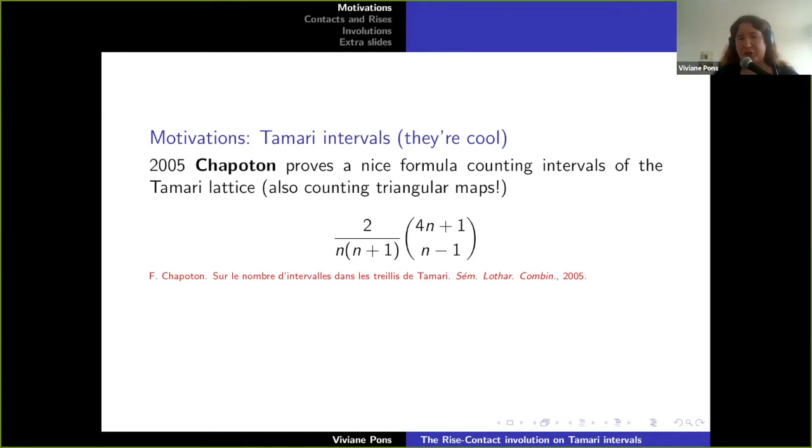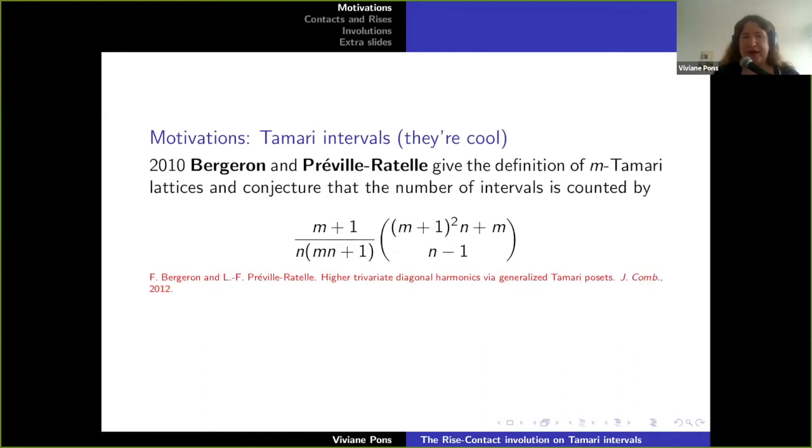Now, sometime later, Bergeron and Préville-Ratelle were studying higher trivariate diagonal polynomials, and they ended up defining a generalization of the Tamari lattice called the m-Tamari lattices. The Tamari lattice is a lattice on Catalan objects, and the m-Tamari lattices are lattices on m-Catalan objects.